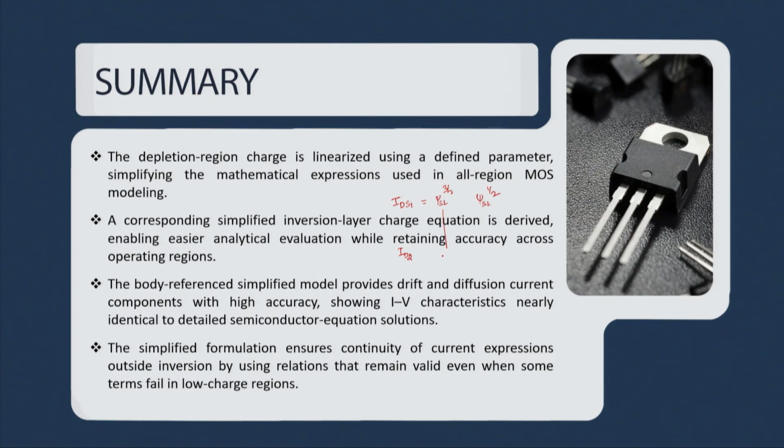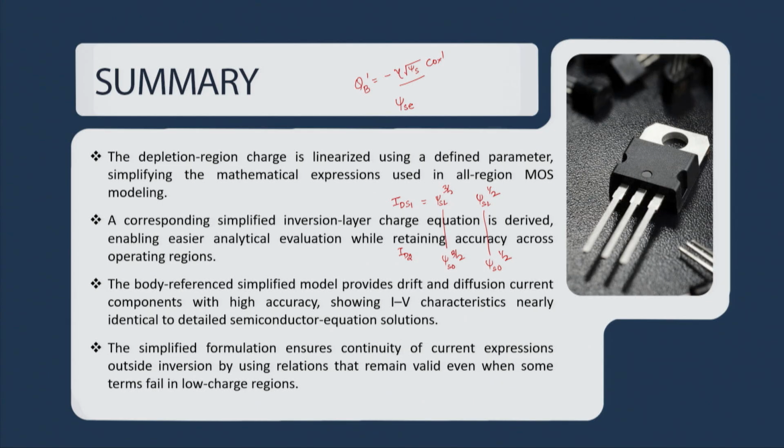Similarly, for psi S0 to the power 3 by 2 and psi S0 to the power 1 by 2 terms, which were making the model complex. To avoid this complexity, we said why not linearize our bulk charge. So instead of taking minus gamma into root psi S into COX dash, we linearize this using Taylor series expansion about a linearization point, which we choose as psi SE.